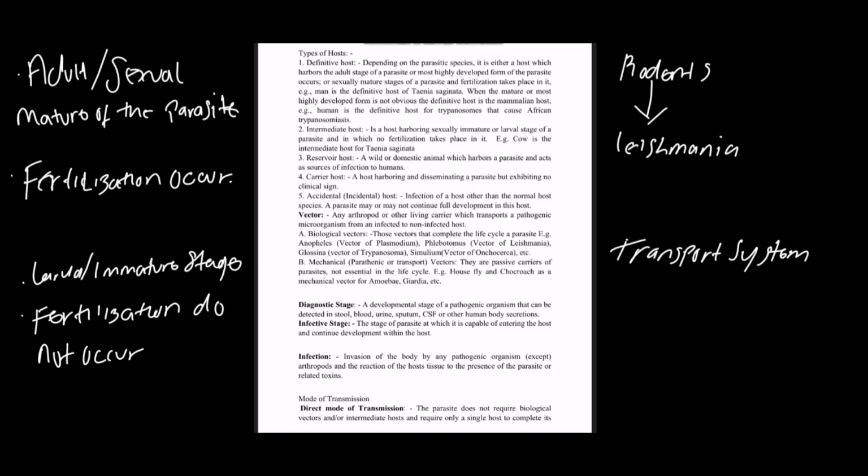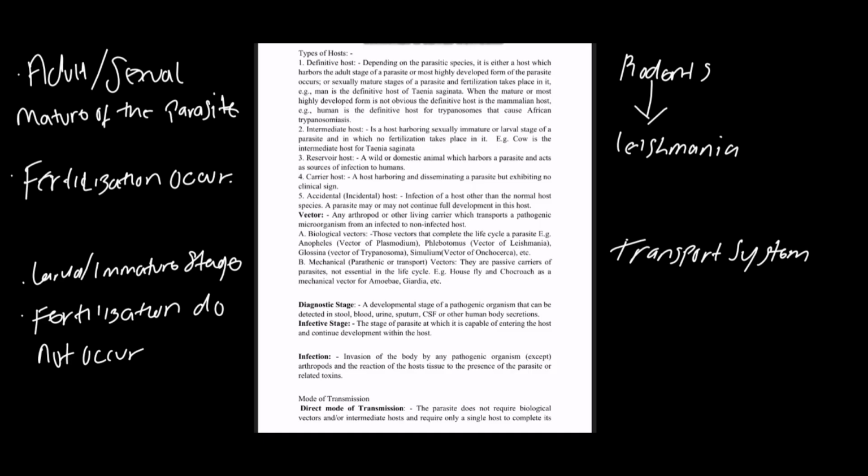Examples include the female Anopheles mosquito, which acts as a biological vector for malaria, the Glossina, which acts as biological vector for trypanosoma, which is responsible for causing trypanosomiasis, then the Phlebotomus, which acts as a biological vector for leishmania, which is responsible for causing leishmaniasis. We are together to this point, right?